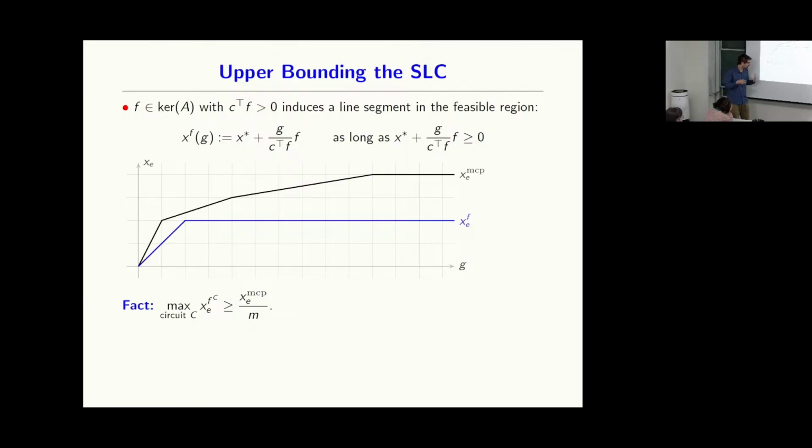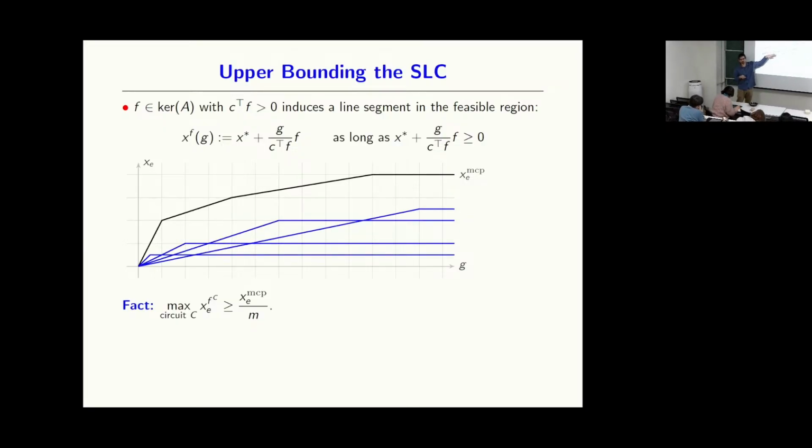It's kind of related to things like flow decomposition into paths and cycles, but generalized here. If I use only circuit directions, then I take the maximum of the curves that I get this way, so I have a curve for every single circuit. I'm trying to approximate this maximum central path, so I can just take the maximum over all possible circuit curves.